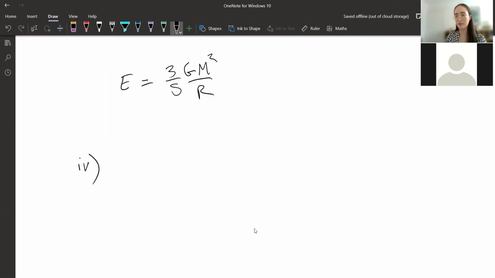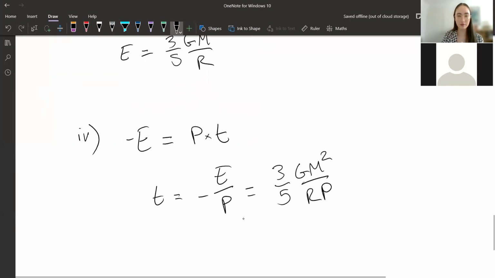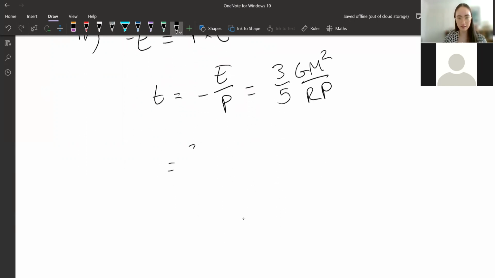We know from somewhere in our notes, energy is equal to power times time, which means time is going to be the negative of that energy loss over the power of this sun shining. And if we put in this energy value, we're going to have 3 on 5 g m squared over r times p, power of the sun, and we'll just put in the values that they've given us. 3 on 5 g is 6.67 times 10 to the negative 11.